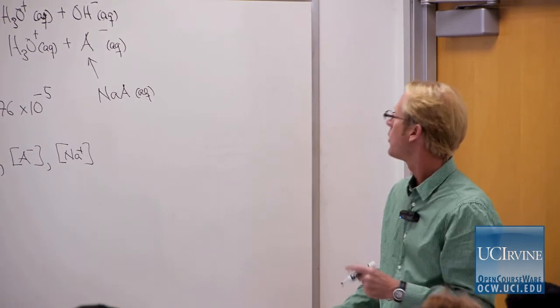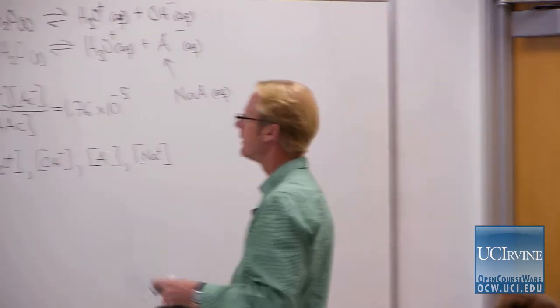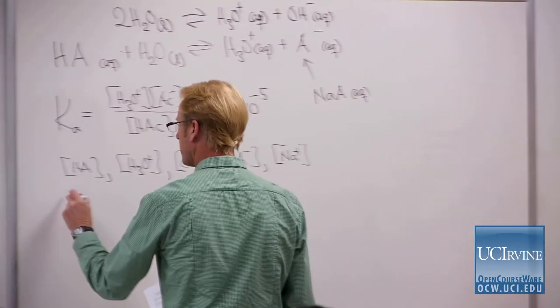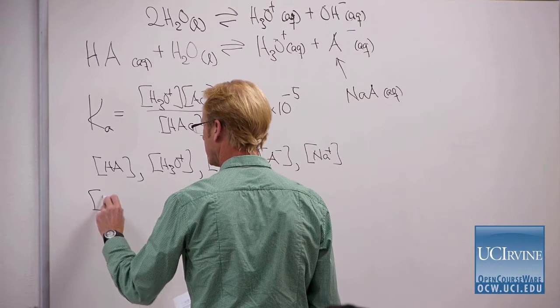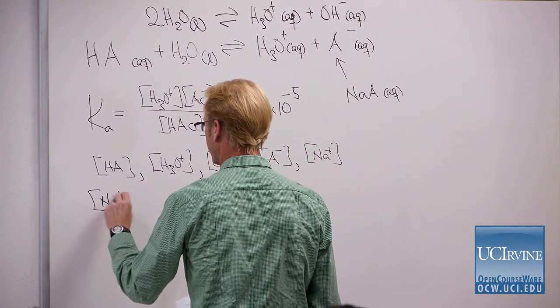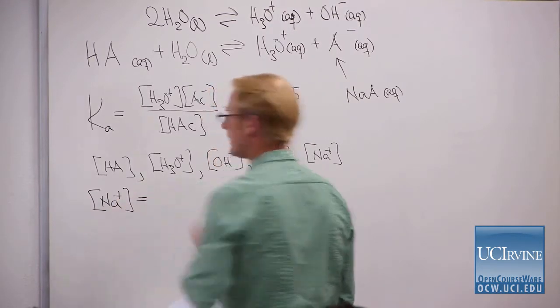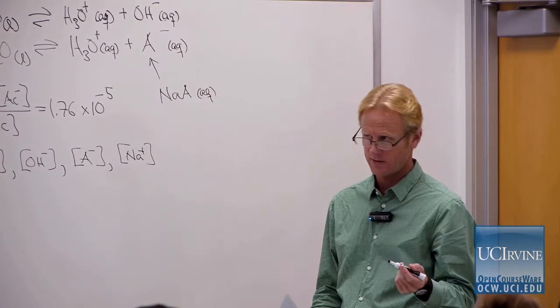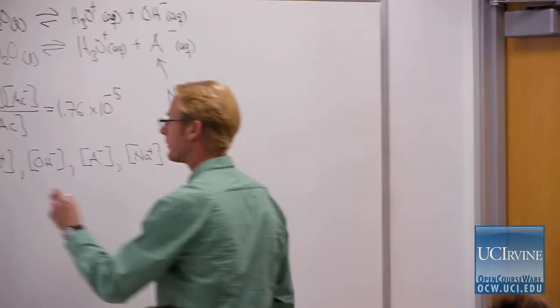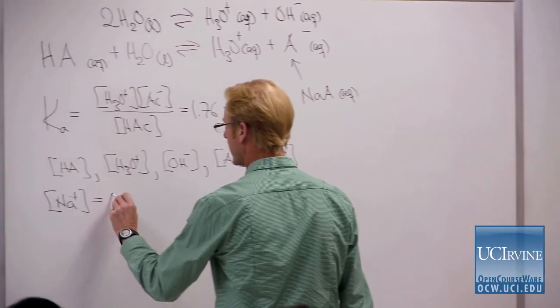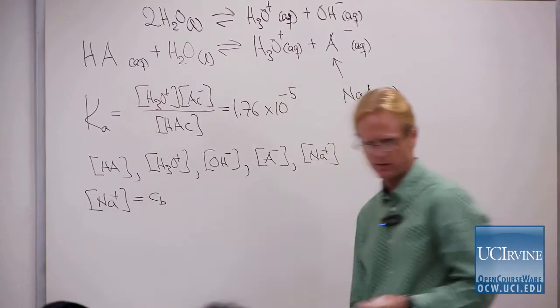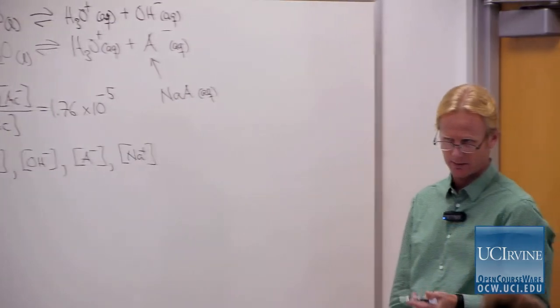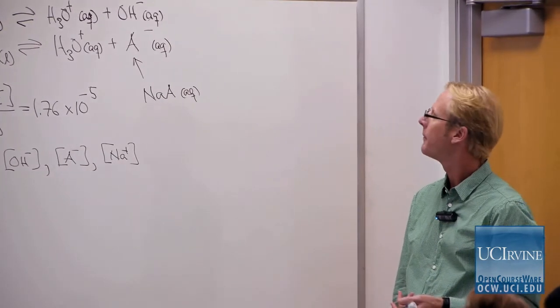All right. Well, one of them's easy. We can say that sodium plus, because it's a spectator ion, its concentration is whatever we started out with, the concentration of the sodium salt of the conjugate base. So I'll just call that little c sub b, the concentration of conjugate base that we started out with. Okay?